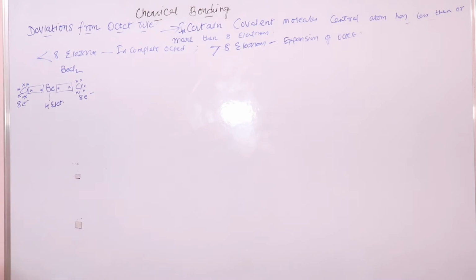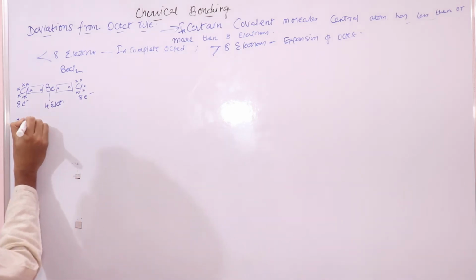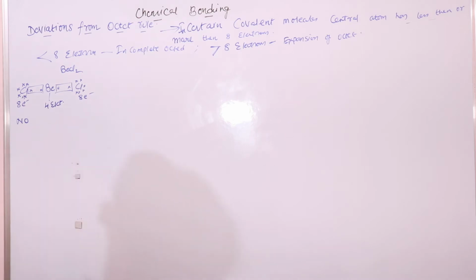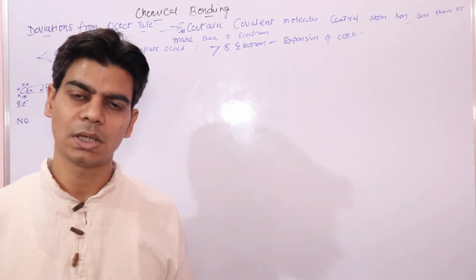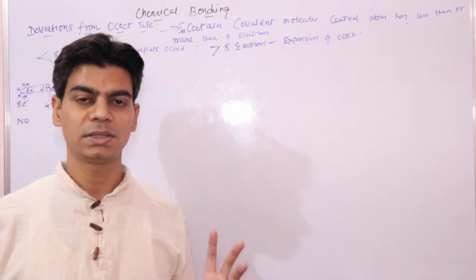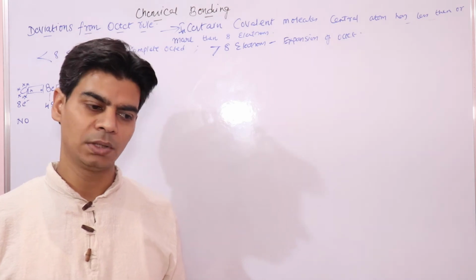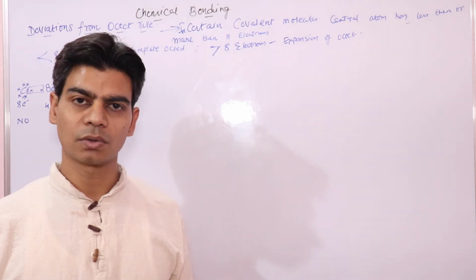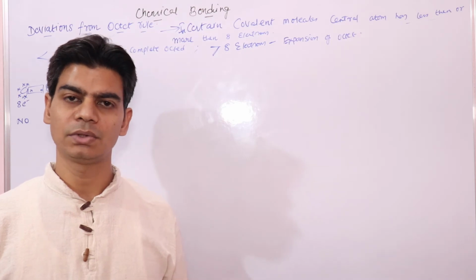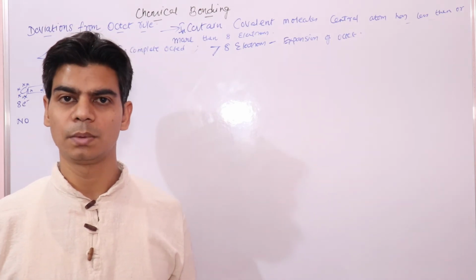Now let's take the other example, the molecule that we are familiar with as NO. We know that nitrogen has 5 electrons in the outermost shell and oxygen has 6 electrons in the outermost shell. So oxygen needs 2 more electrons to complete its octet and nitrogen needs 3 electrons to complete its octet.